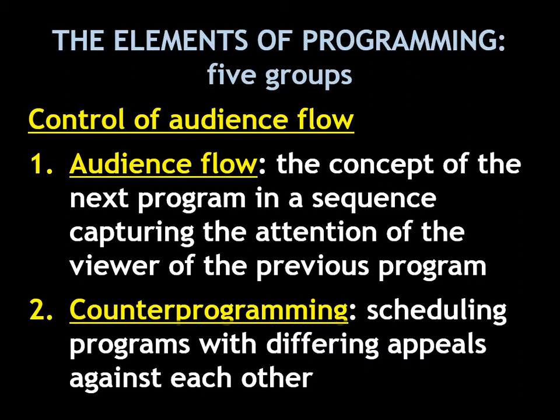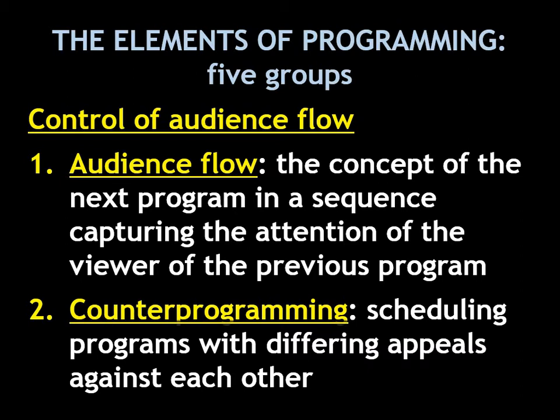Another way to try to control audience flow is through a concept called counter programming. With counter programming, you are scheduling programs with differing appeals against each other. So if you are programming for a particular network and your competitor is programming sitcoms during a particular time slot, you may decide that instead of going after the sitcom audience, you're going to go for the drama audience.